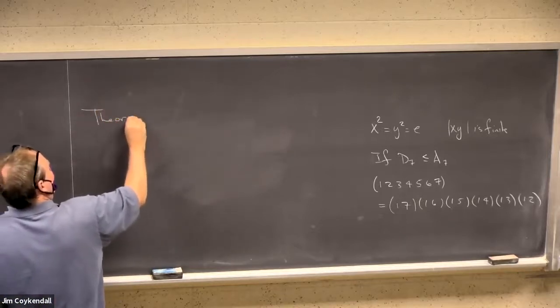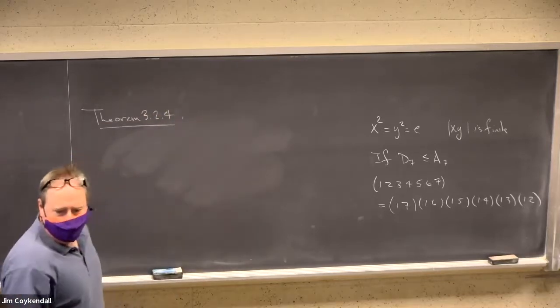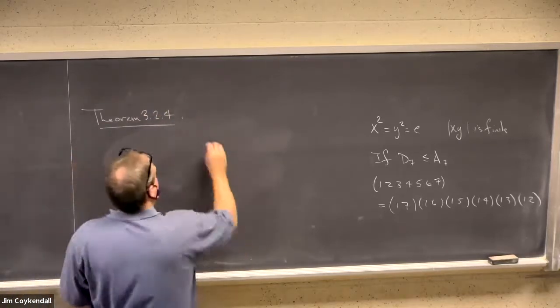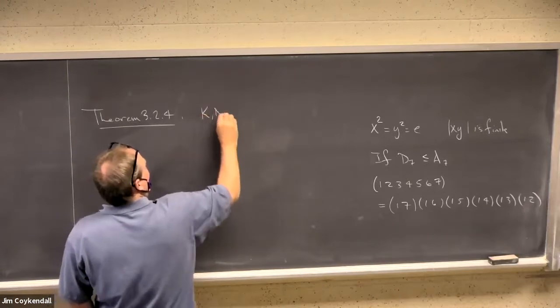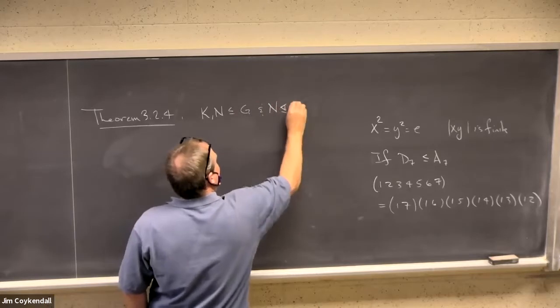K and N are subgroups of G, and N is normal.